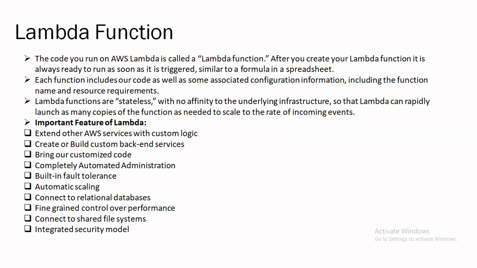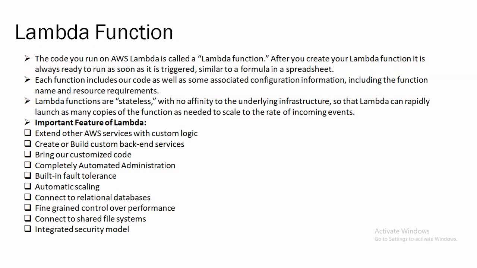At the end, the security model is a very important part whenever we are working with Lambda functions. So AWS Lambda allows our code to securely access other AWS services through its built-in AWS SDK and integration with AWS Identity and Access Management, that is IAM. AWS Lambda runs our code within a VPC by default.